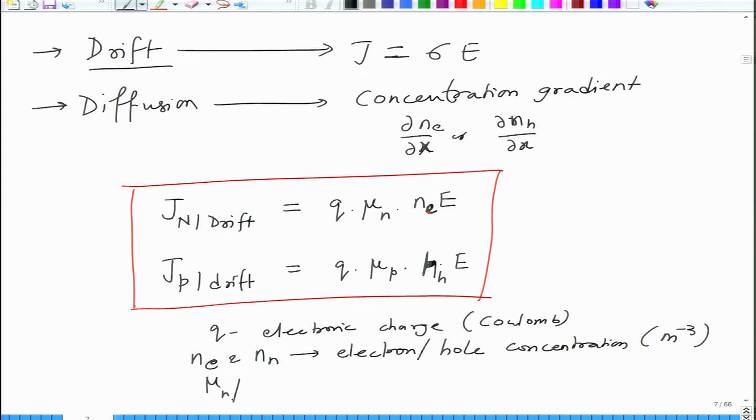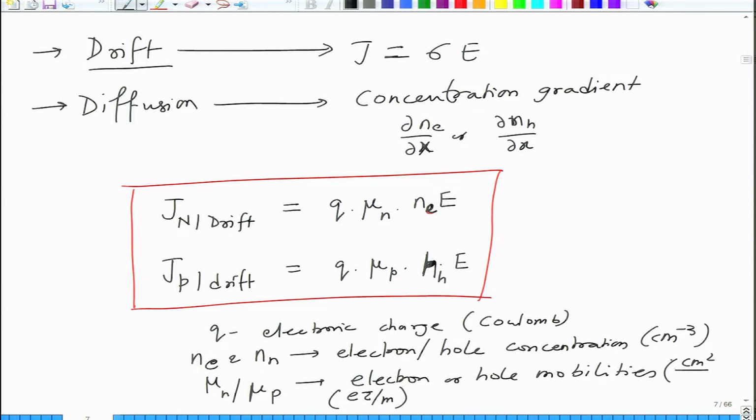Mu n and mu p are the electron and hole mobilities, which is basically e tau divided by m, in centimeter square per volt second or meter square per volt second. And E is the electric field.